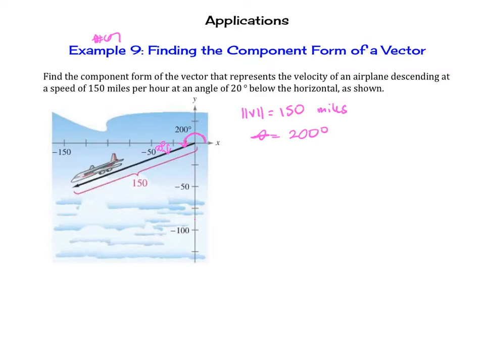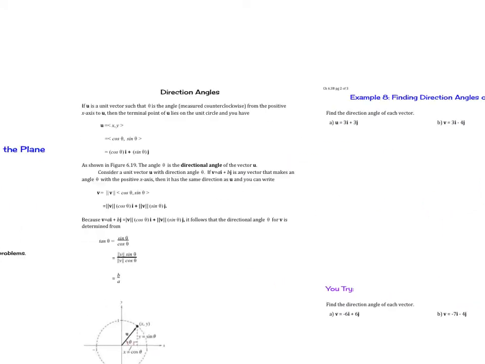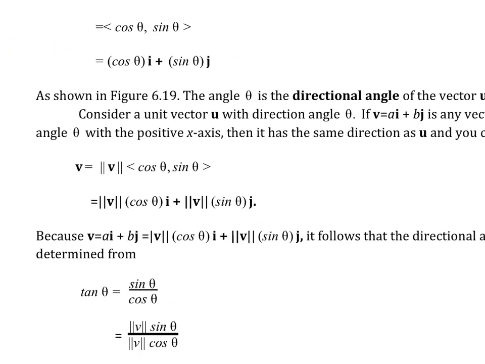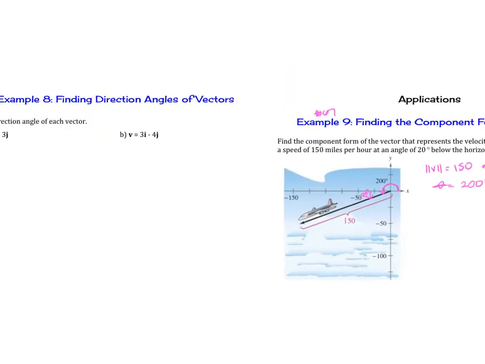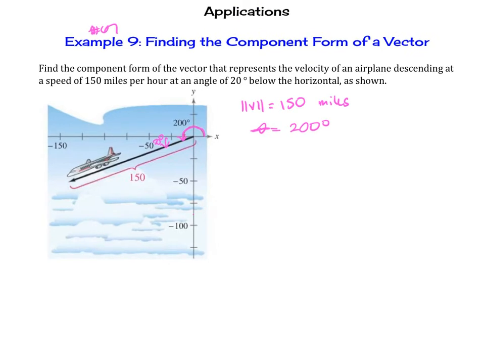Remember earlier that I gave you the formula at the beginning: v equals the magnitude of v cosine theta i plus the magnitude of v sine theta j. We're going to use that lots in this section. So we can rewrite this: the vector equals the magnitude of v times cosine of theta i plus the magnitude of v sine of theta j.